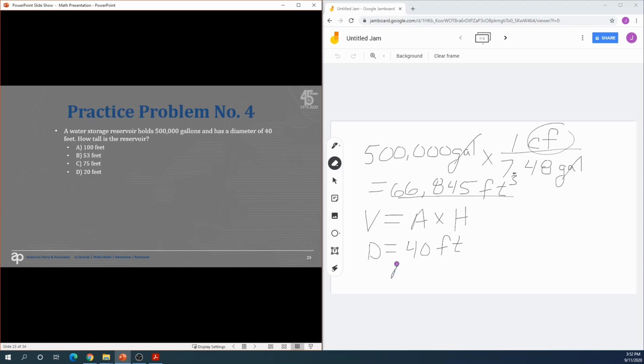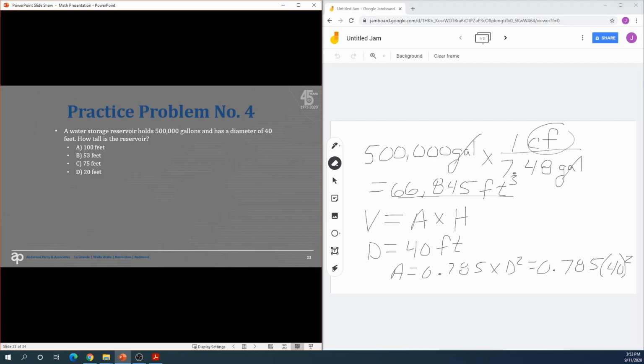So area is equal to 0.785 times our diameter squared. So this is equal to 0.785 times 40 squared.